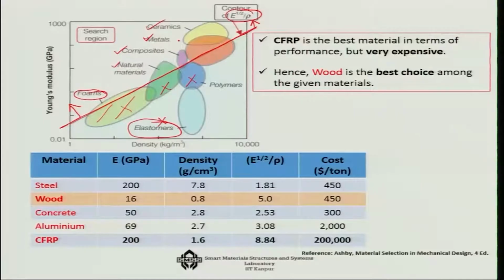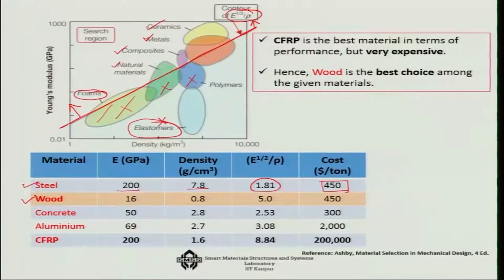First we start with the cheapest material, that is steel. Modulus of elasticity is about 200 gigapascal, density is about 7.8 gram per cc, square root over E by rho will come to something like 1.81. Cost is about $450 per ton, so it is one of the cheapest. 1.81 we are getting.